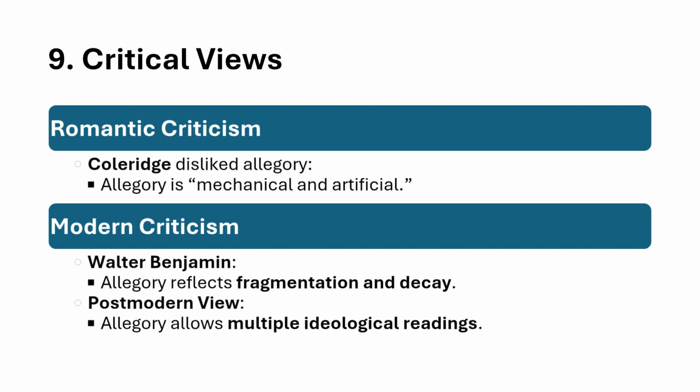On the other side, many critics defend allegory. They say allegory is extremely useful because it clearly explains abstract ideas like sin, faith, power, or corruption. It also allows writers to criticize politics and society indirectly, especially during times of censorship. So, critics finally agree on one thing: allegory always stands between art and instruction.